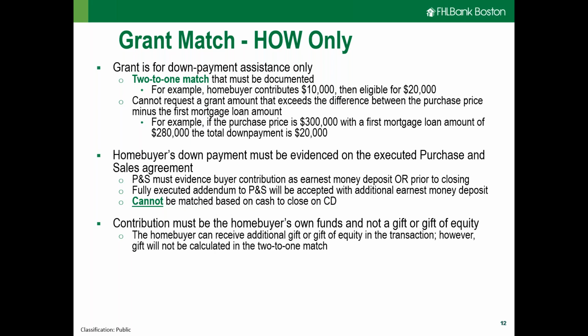So if for some reason that $10,000 turned into $5,000, maybe it was a related party, maybe it was a rent to own, and they said, oh, you can just bring the money at closing. Unfortunately, if that earnest money deposit goes from 10 to 5, your organization's only going to be reimbursed for $10,000.